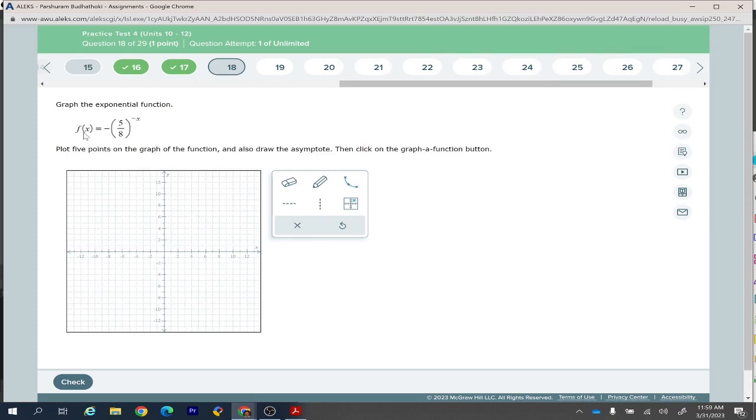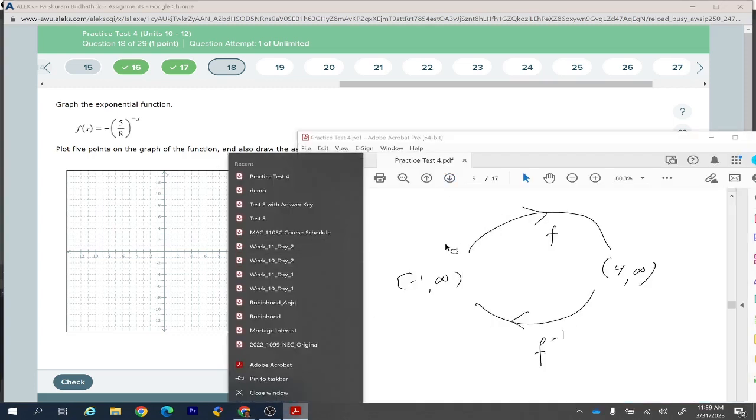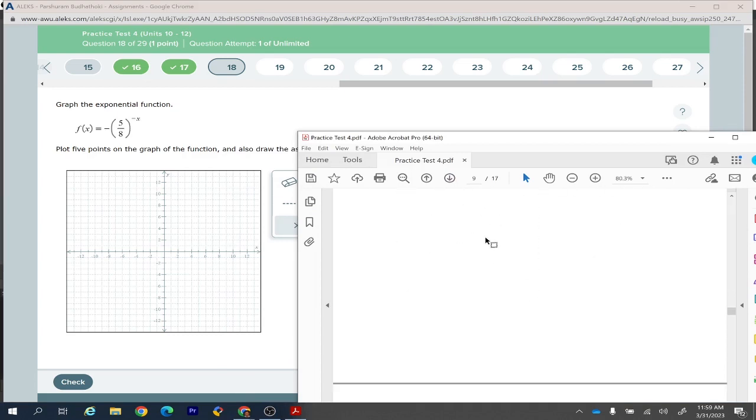Plot the graph for the exponential function. As you can see here, plot 5 points on the graph of the function. For finding the 5 points, you can always make a table of points first.